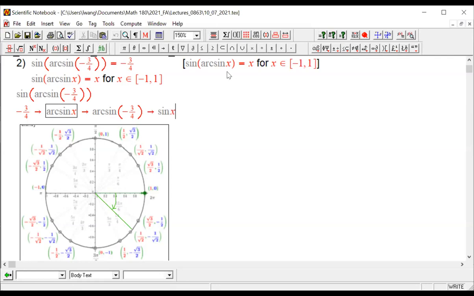Those other blue numbers are for the special values, but this blue number I put a pointer here, and this time I'm going to write it. The blue number is going to be -3/4.